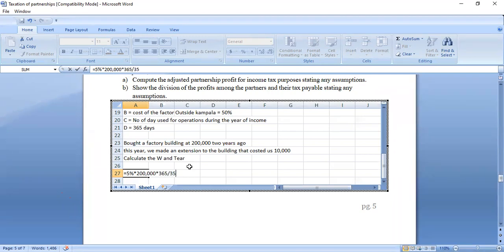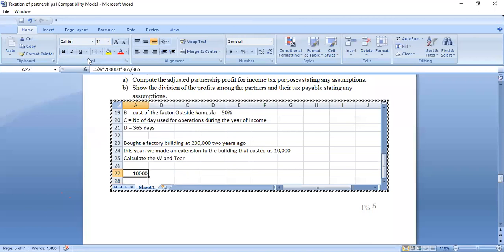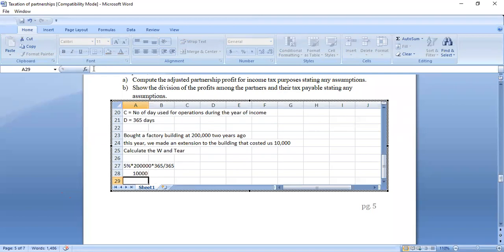Then the answer will be what you incur in terms of wear and tear as far as the factory building is concerned.